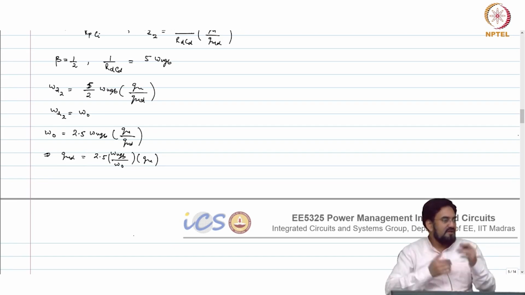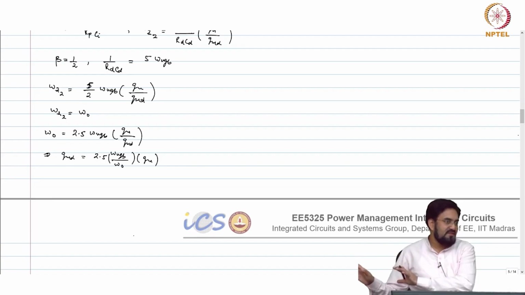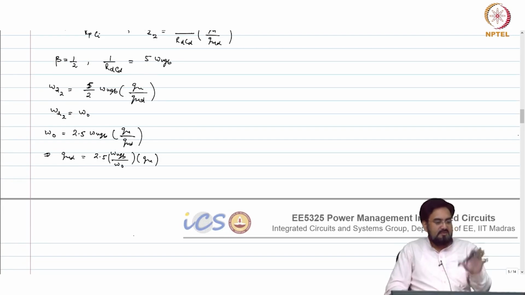So this ratio now will decide the location of your zero, because we don't have any control over RDCD. RDCD, once you have fixed, you cannot change that to move your 0, because that will affect your pole also. And omega UGB, omega naught both are decided.